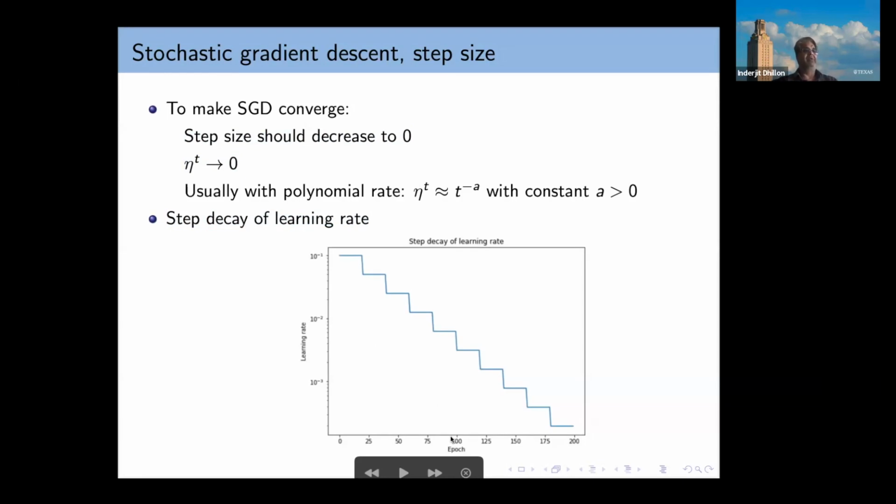We can have multiple stochastic gradient descent steps within an epoch, but a new epoch is one where you start repeating the training data. Here you are going through the training data about 200 times, and you can see that in this particular schedule, you're decaying the learning rate down to zero in steps. You keep it constant for a number of epochs, and then you drop it by a little bit.